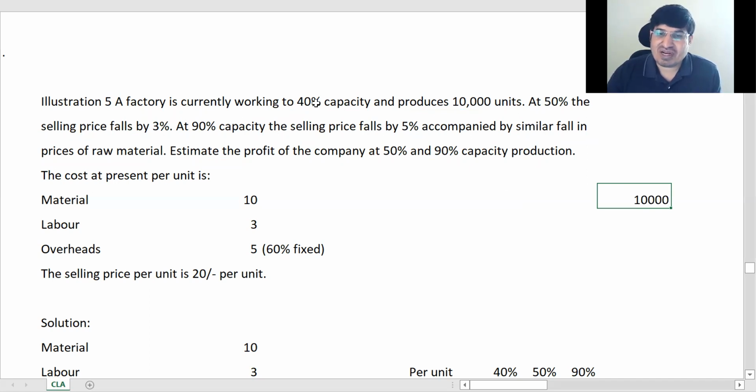We'll just have to multiply it by 50 upon 40. So it will be 10,000 into 50 upon 40. That is, it will be 12,500. Similarly for 90%, how will I compute it? I'll say 10,000 into 90 upon 40. This will give me 22,500. So these are the total units we have found out.